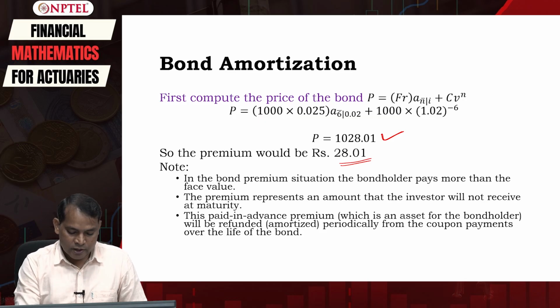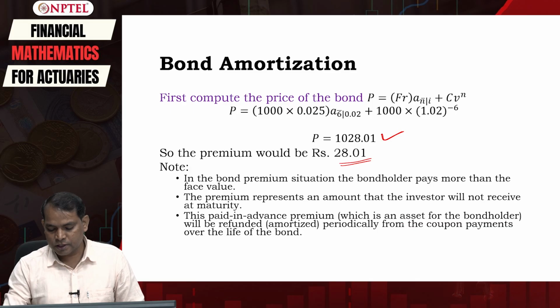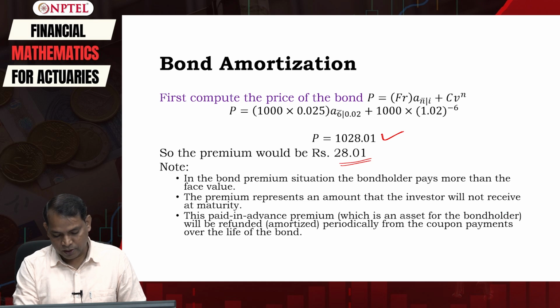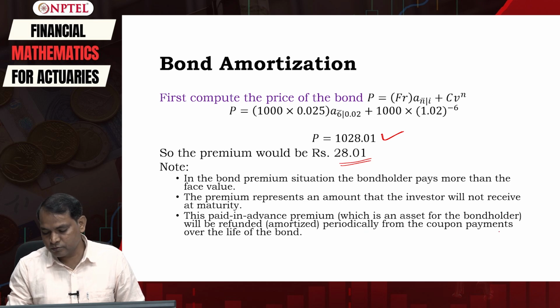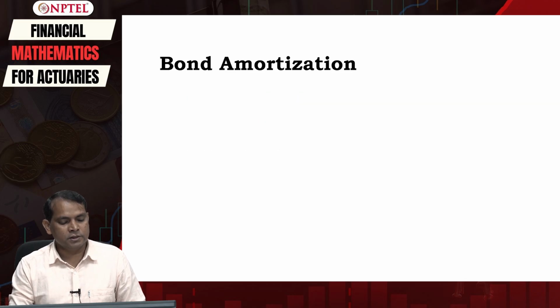So this premium paid in advance, which is an asset for the bondholder, will be refunded, or amortized periodically from the coupon payments over the life of the bond, and that is the reason we need to know the premium.